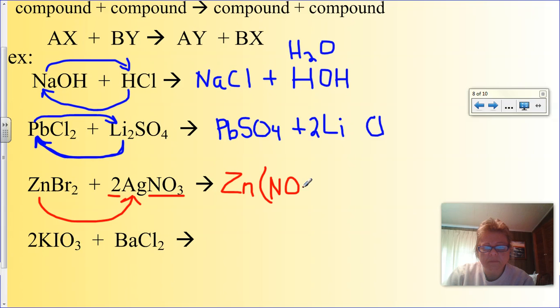Okay, so if you're back again, zinc wants to come over and bond with the nitrate group. Well, there's two nitrate groups, so we do have to use a pair of parentheses and show that we in fact have those two nitrate groups over here on the product side.